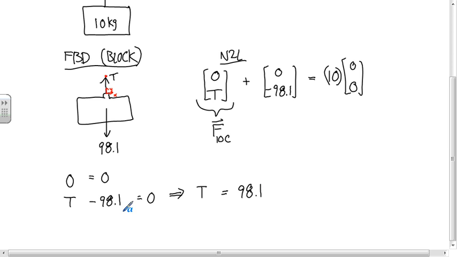Then plug that back into the vector, and the force on the 10 kilogram box by the cable is equal to 0, 98.1 newtons. Does that direction make sense? Yes, that force vector is up, and you know that without the cable the block would fall down, so the cable has to hold it up. So that's right.